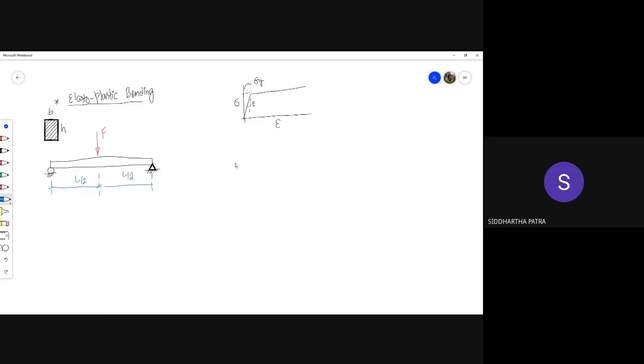Okay, so can you draw the shear force and the bending moment diagram for this one? Yes, sir. Okay, so go ahead and draw the shear force and the bending moment diagram.